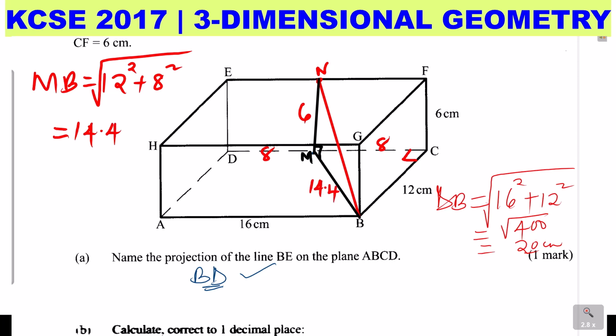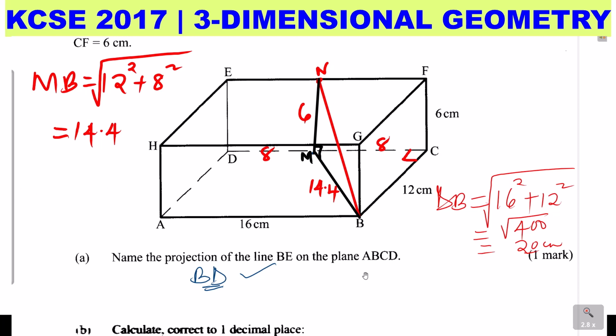Now in this triangle here, we have two sides. MN is 6, then MB is 14.4. So we can get BN. BN will be the hypotenuse.